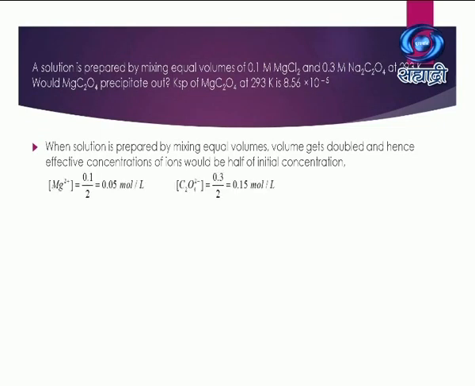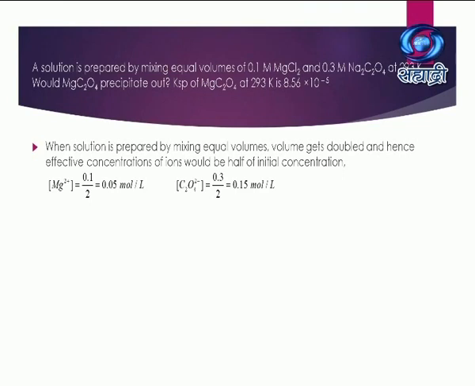The 0.1 molar MgCl2 is mixed with 0.3 molar sodium oxalate. The total volume is 1 liter in case of MgCl2 and 1 liter in case of sodium oxalate, so 1 liter of both solutions are mixed.